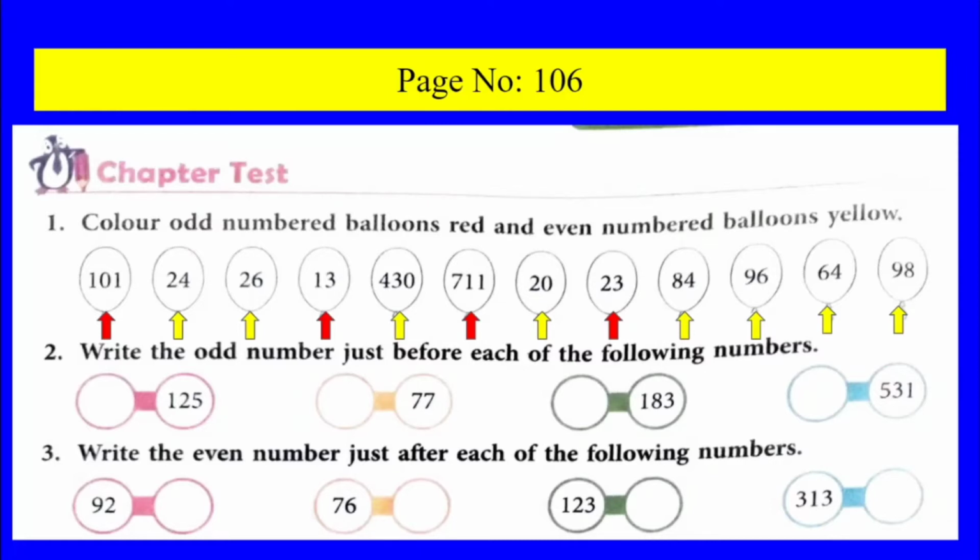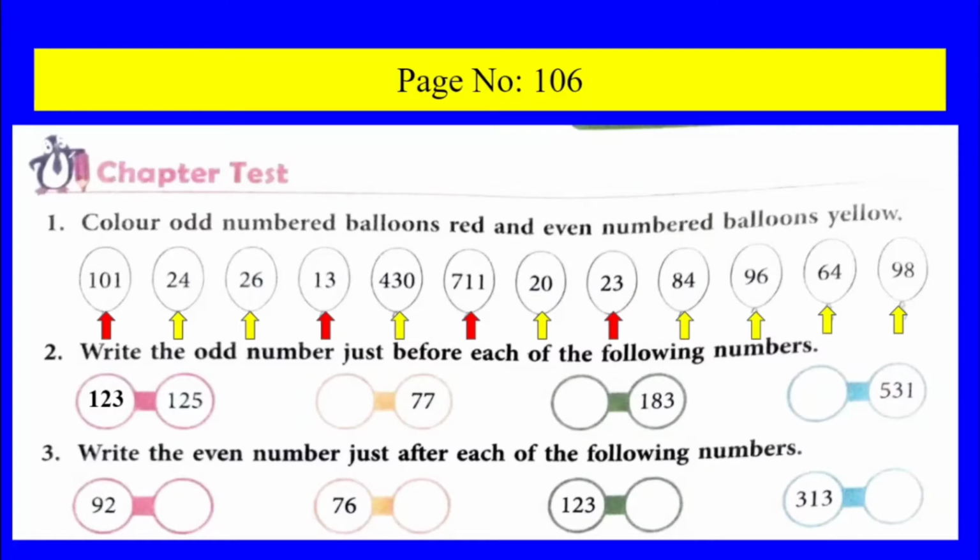Very good. 123 is an odd number because 123 ends with the number 3. So the odd number just before 125 is 123. So we will write 123 over here.